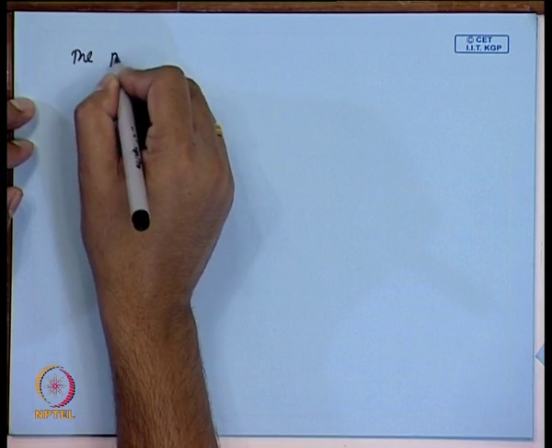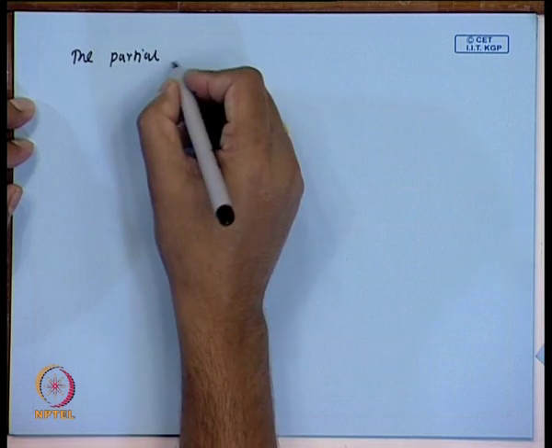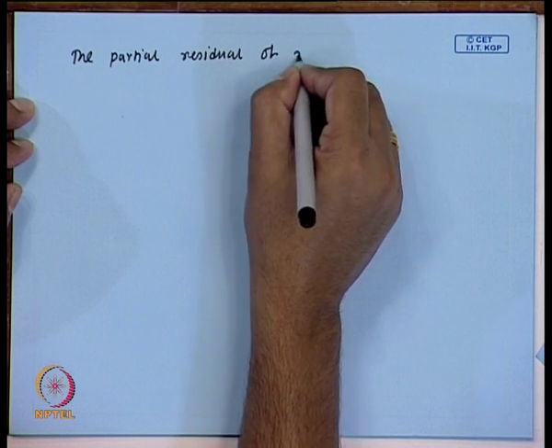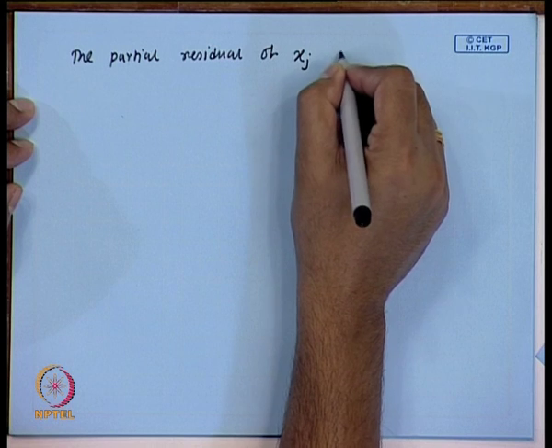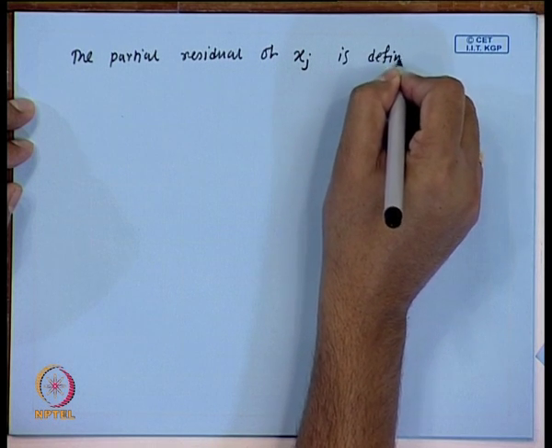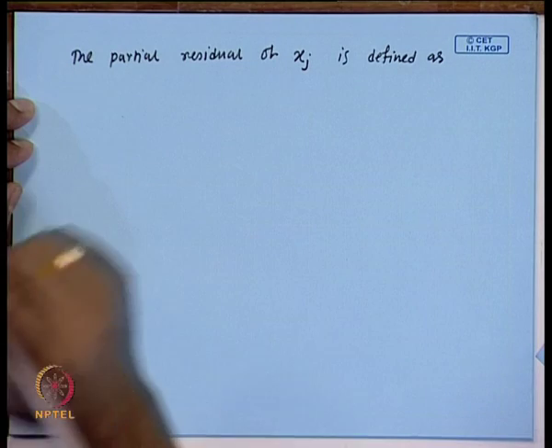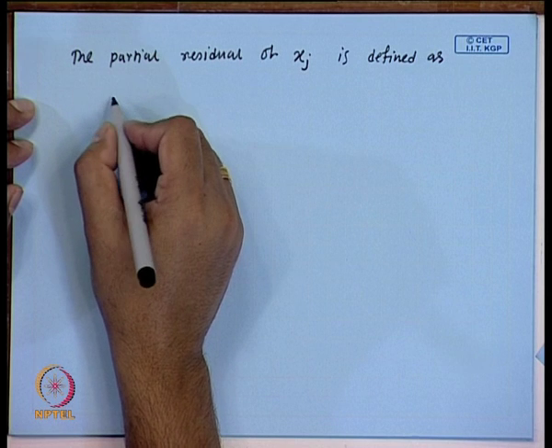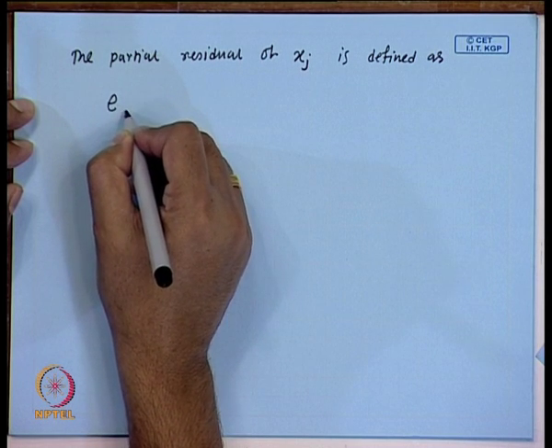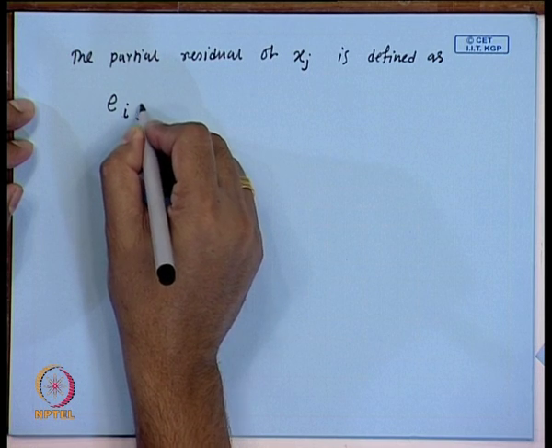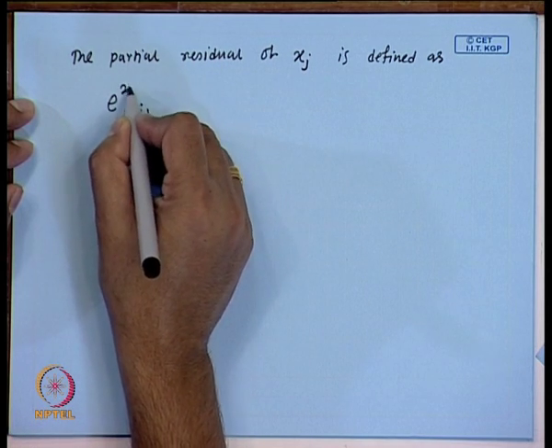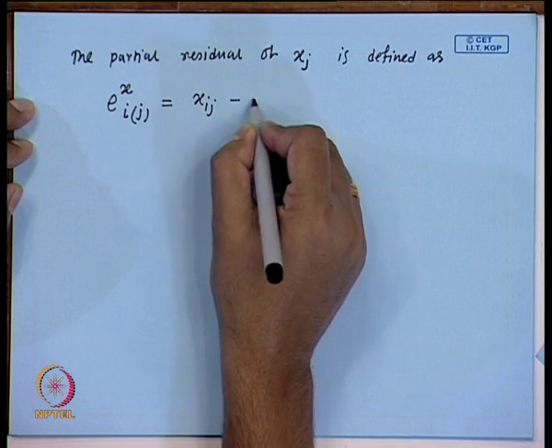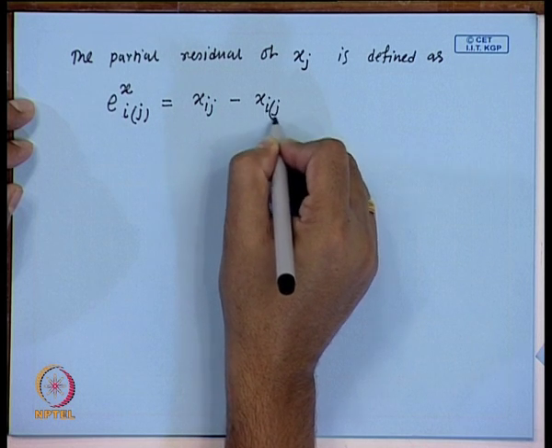So, the partial residual of xj is defined as e_ij^x, with i for the ith observation and j for the jth regressor. We put the notation x here. So, this is xij minus xij hat.